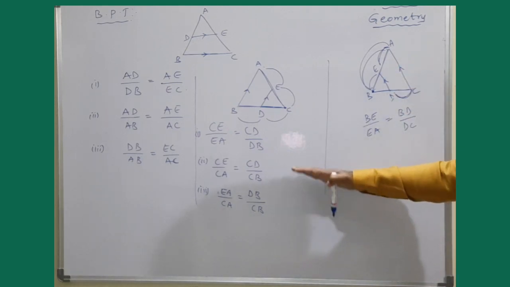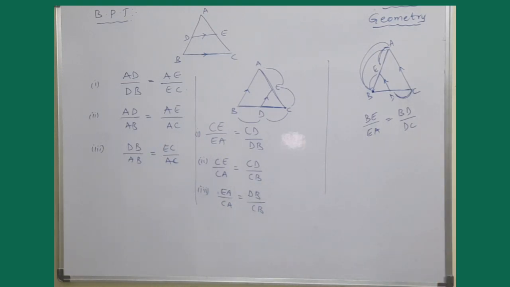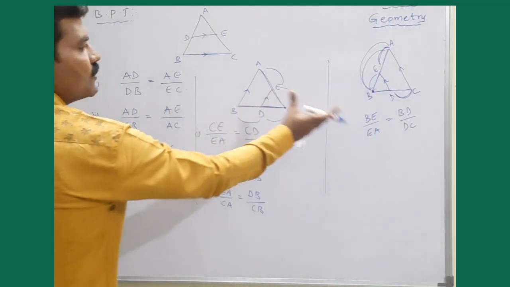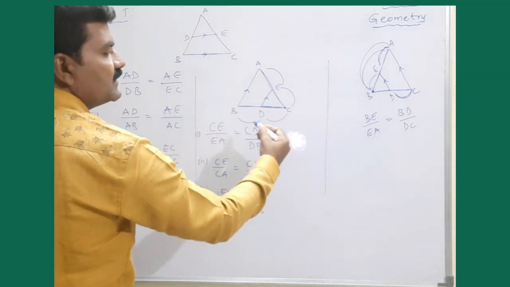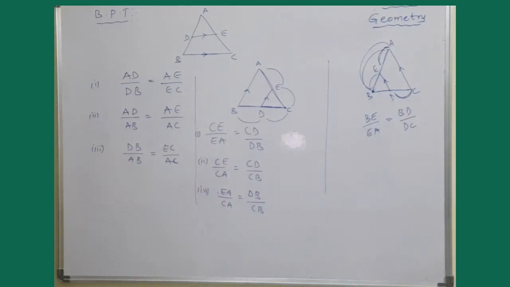In the same way, try to write the two more relations. Understand? So not only in this way, we can also apply the BPT even in these situations also. So all these come under applications of basic proportionality theorem.